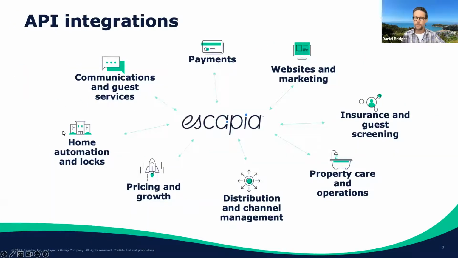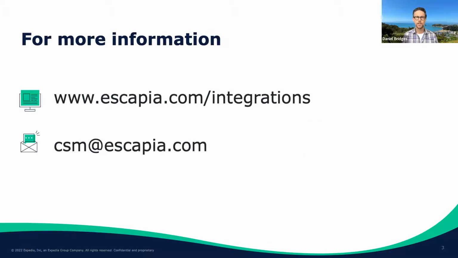But before we do, I wanted to remind you all of the API integration partnerships that we have with Escapia, what we call our marketplace. They cover a wide variety of integration types and services, ranging from home automation and locks, guest services and communications, to pricing, revenue management, etc. You can find them on our website, or you can contact our customer support team, csm@escapia.com, and they can answer your questions about what might be available.